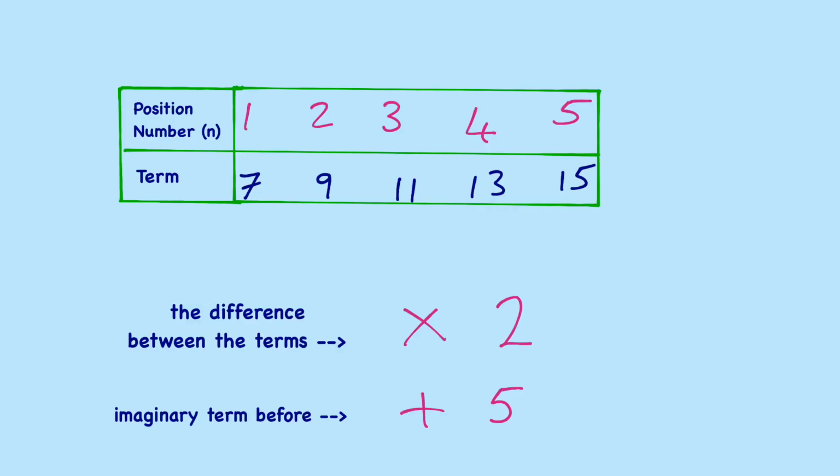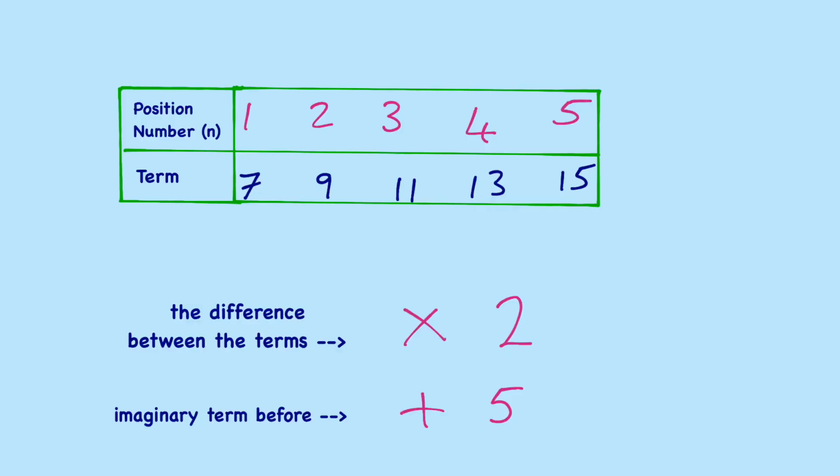Now, what does that all mean? What it means is the rule, in order to find any term in the sequence, is you multiply the position number by 2, and with that answer you add 5. So let me demonstrate it with one of the terms from above.